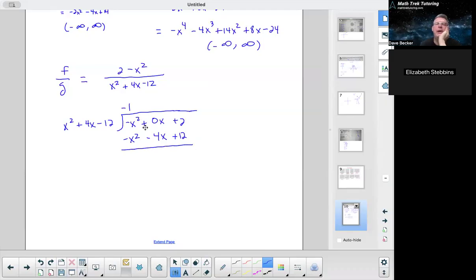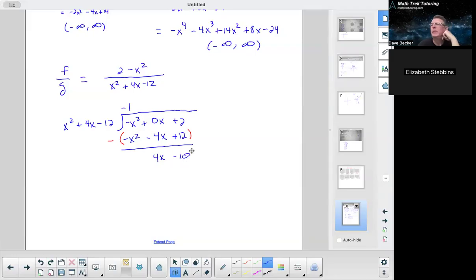And then we have to take top minus the bottom. So negative x squared minus a negative x squared, that's always going to be 0. That's always going to cancel out. That's the whole point of it. 0 minus a negative 4x turns into plus 4x. And then 2 minus 12 is negative 10.